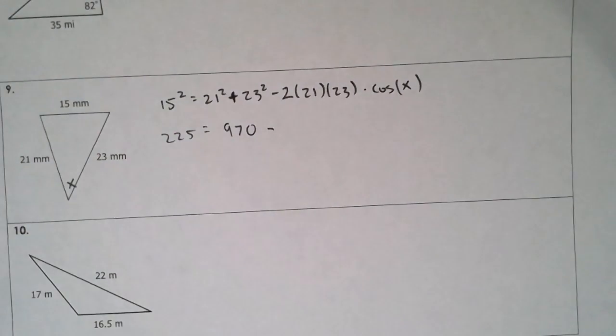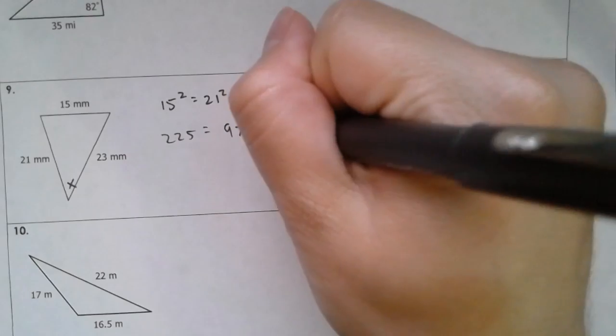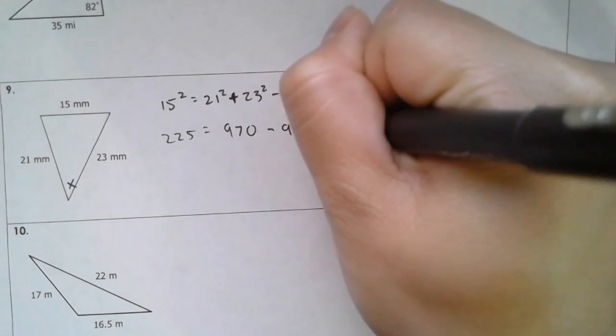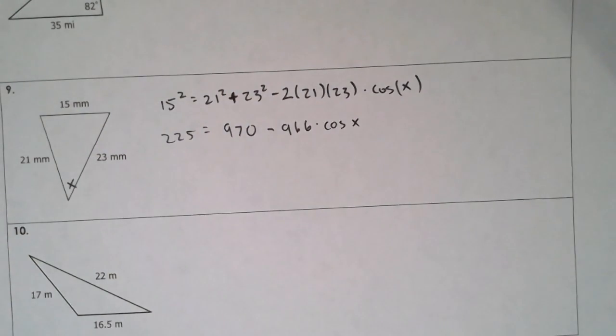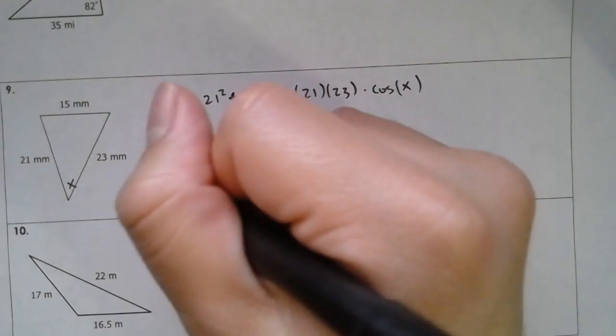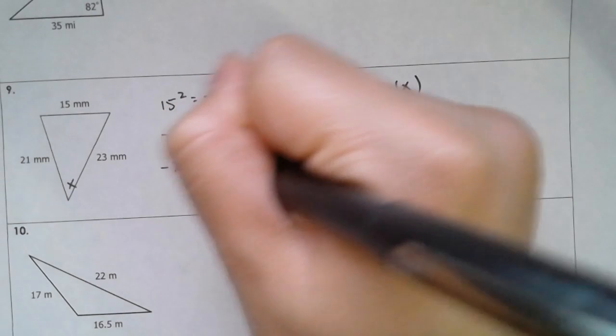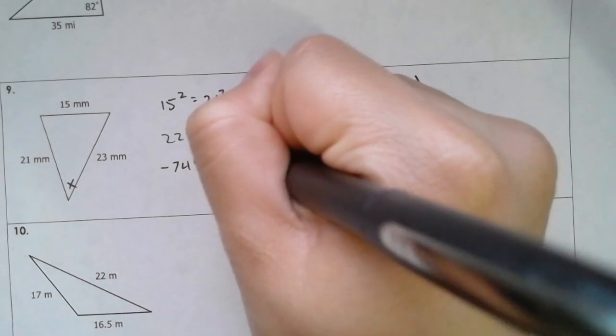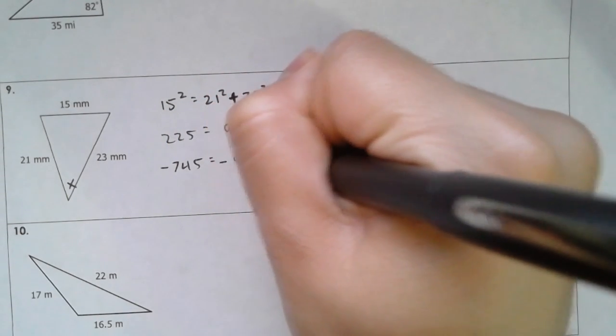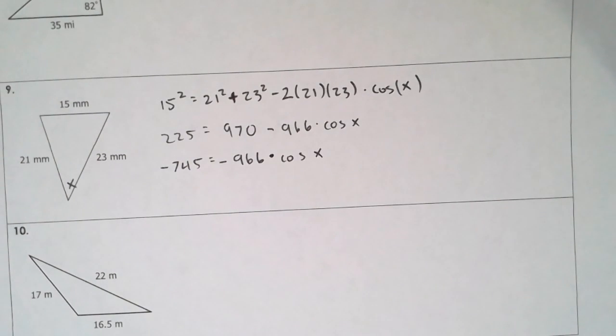minus 2 times 21 times 23. You're going to get 966 times the cosine of x. Subtract 970 from both sides. You're going to get negative 745 is equal to negative 966 times the cosine of x. Divide both sides by negative 966.